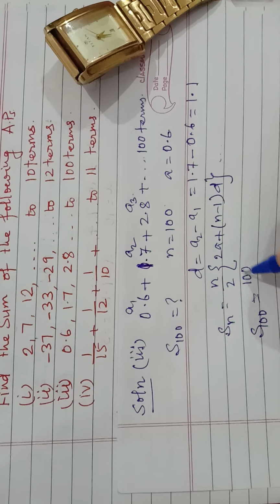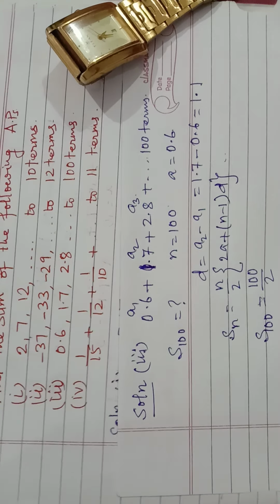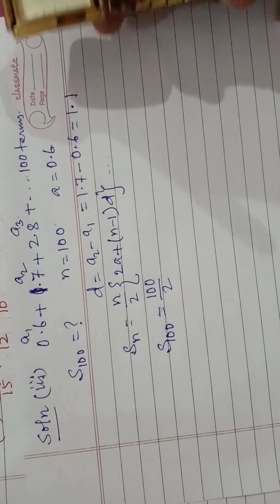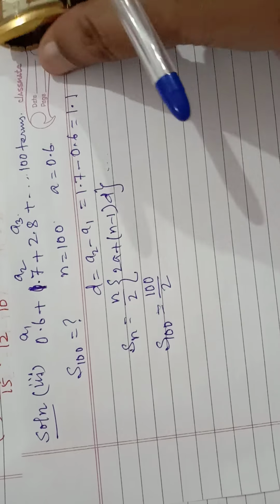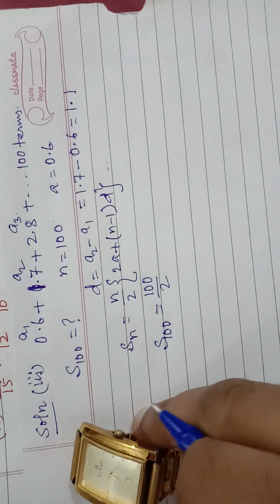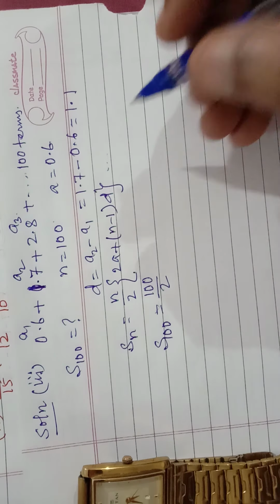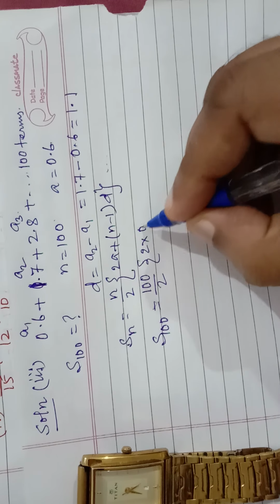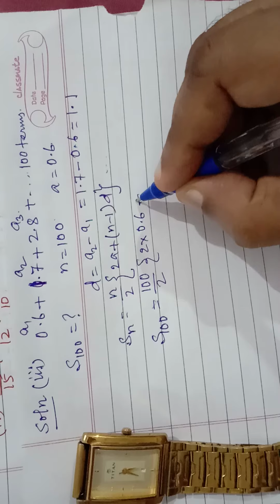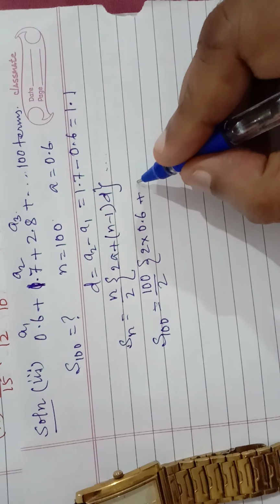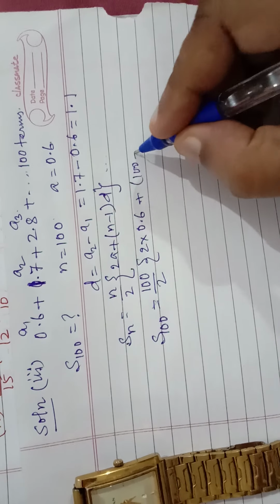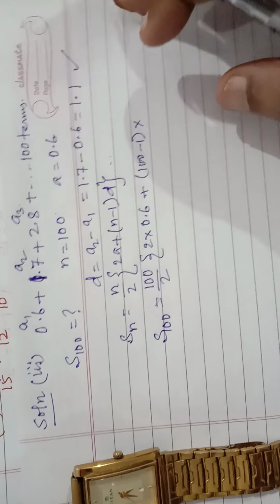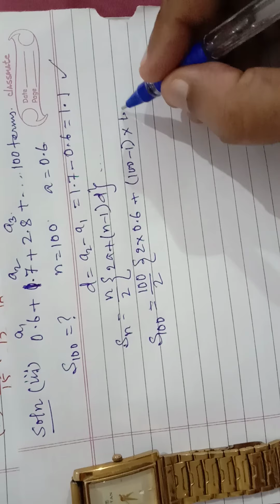So 100 by 2, then 2 into a, 0.6, plus 100 minus 1 into the common difference, which is 1.1.